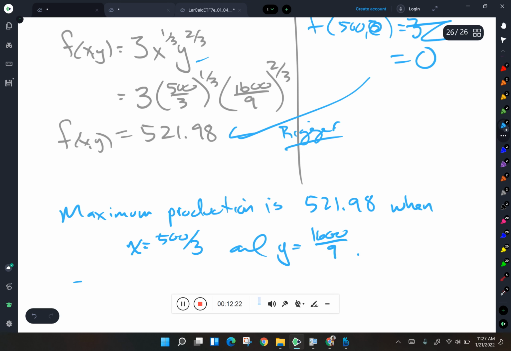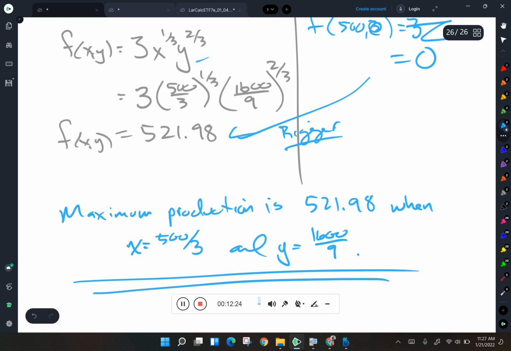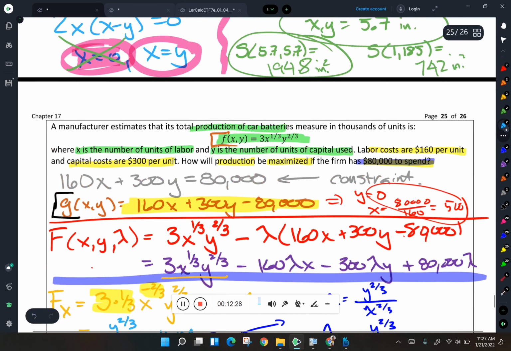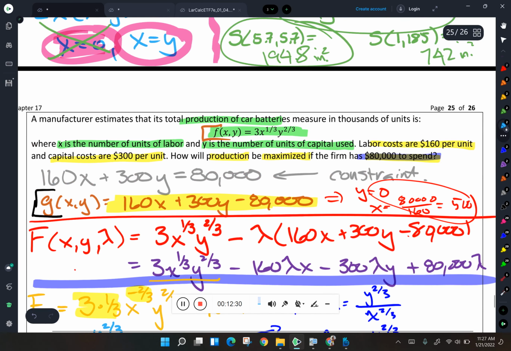Now, there is one small problem with this. I go back up here to the stem of this problem. I'm not certain if this is going to be allowed to be a fractional number and this is going to be allowed to be a fractional number.